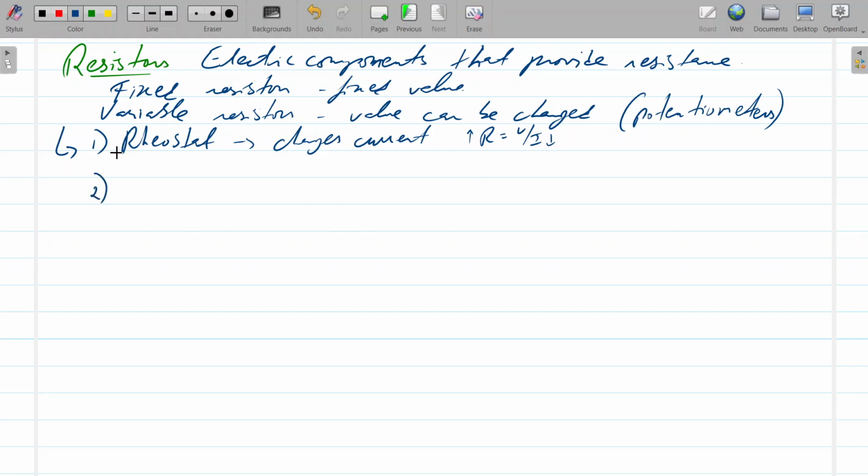The other type of variable resistor is called the potential divider. And this changes the value of the voltage.